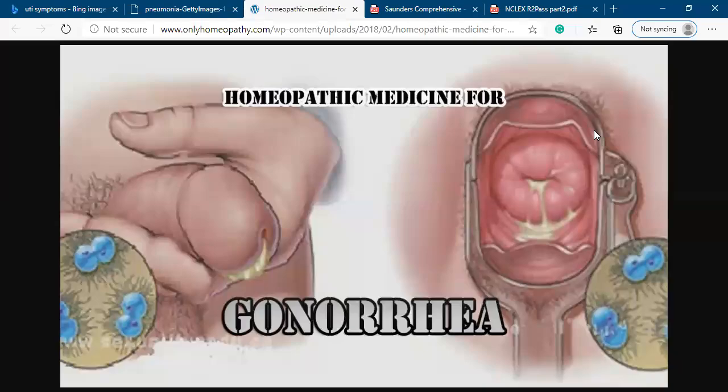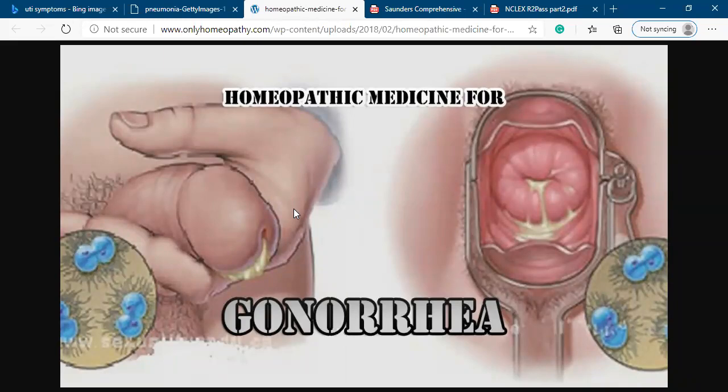Gonorrhea is a sexually transmitted infection, STI.